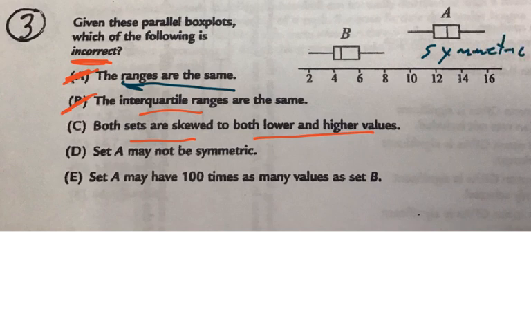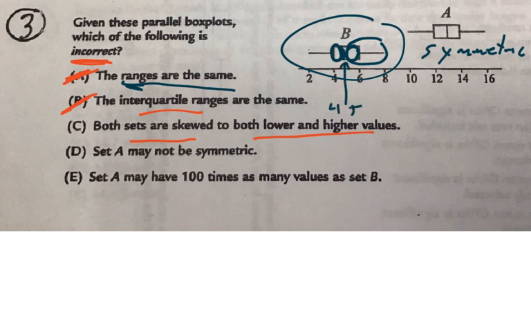Okay? What about B? Notice how the median is a little bit left of center in the rectangular box. What does that mean, guys? Is that the top 50%, or more specifically the top 25%, if I just stay within the box, is more stretched out. See how it's more scrunched over here, I would say the median's around 4.5-ish.